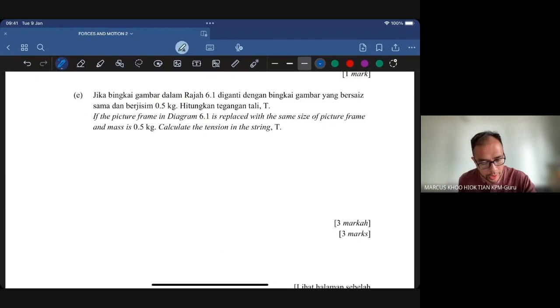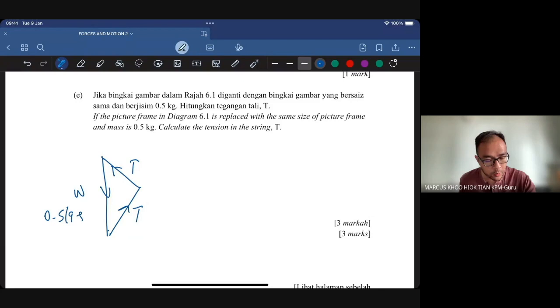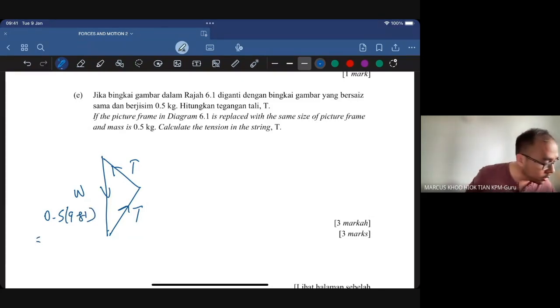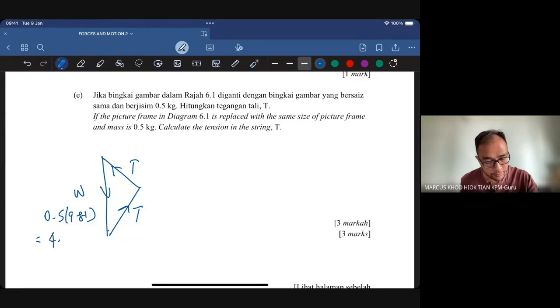You have T, T over here, and this is the weight. The weight is 0.5 times 9.81, which is 4.905. And this angle is 80 degrees.